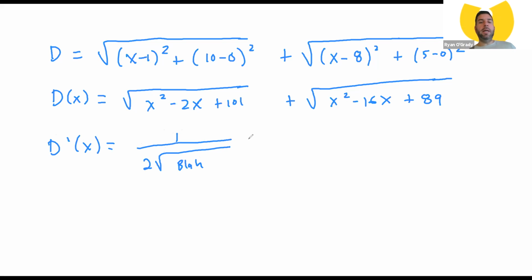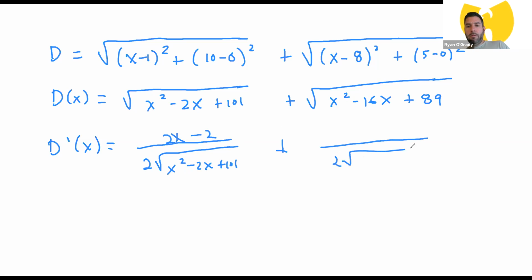Well, I guess we shouldn't do blah now. We have to be a little more careful because we're going to have two terms. So let's write it down just to be careful. It might matter here. We're running out of time, so who knows. So this is the square root of x squared minus 2x plus 101. And of course, the derivative of this is just 2x minus 2, which I'll write up top. And then this piece is 2 over the square root of x squared minus 16x plus 89, and up top is 2x minus 16.